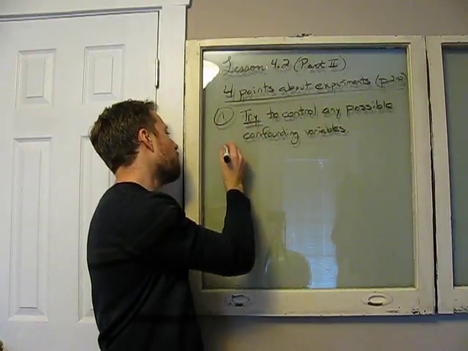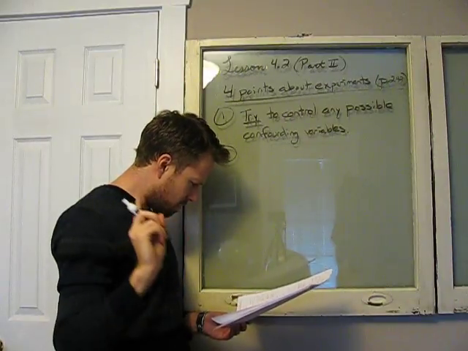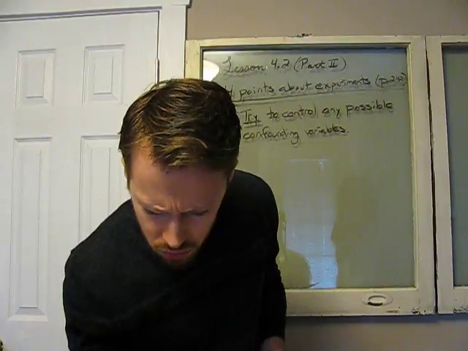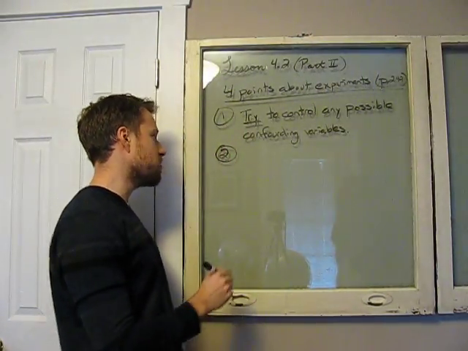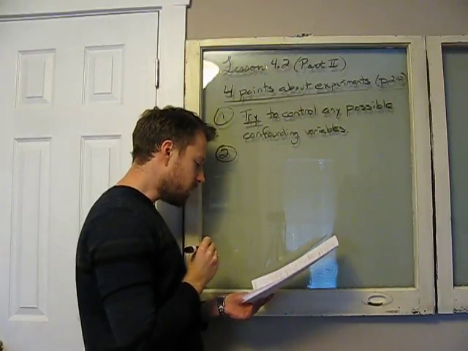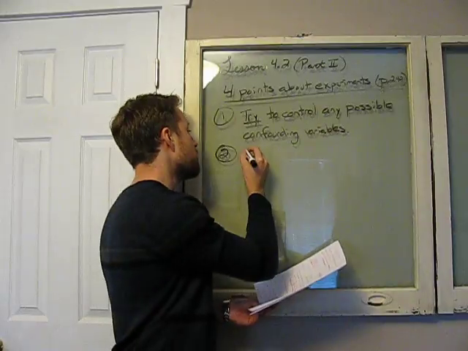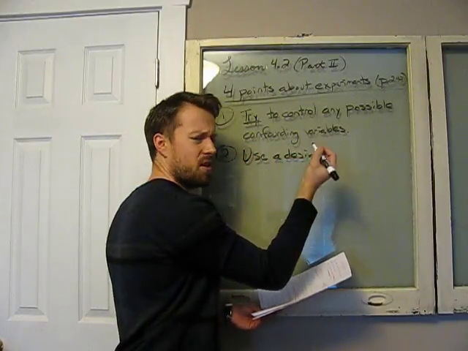All right, point number 2 I'm going to make. This is number 1 in the table on page 242. We want to use a design. I think I'm borrowing the same language they use in the book.